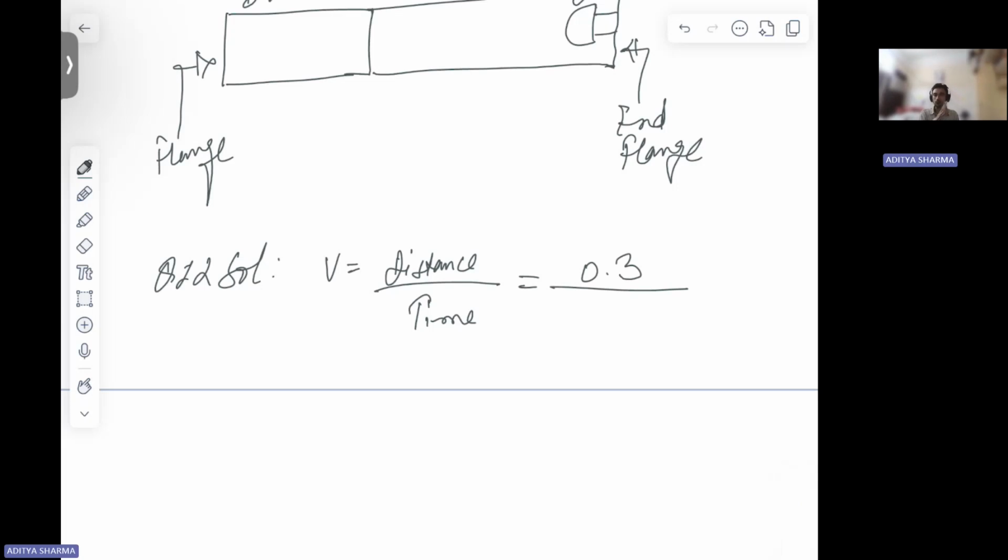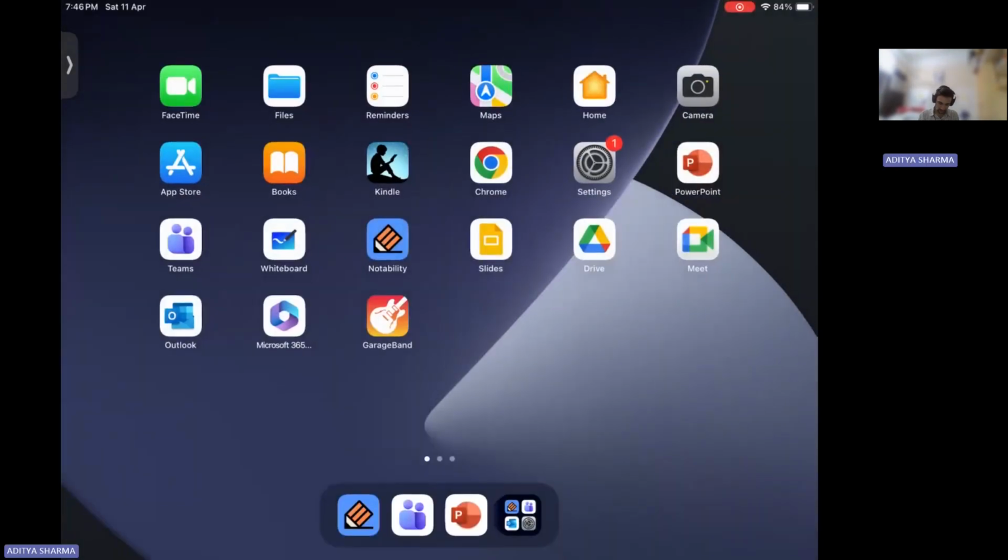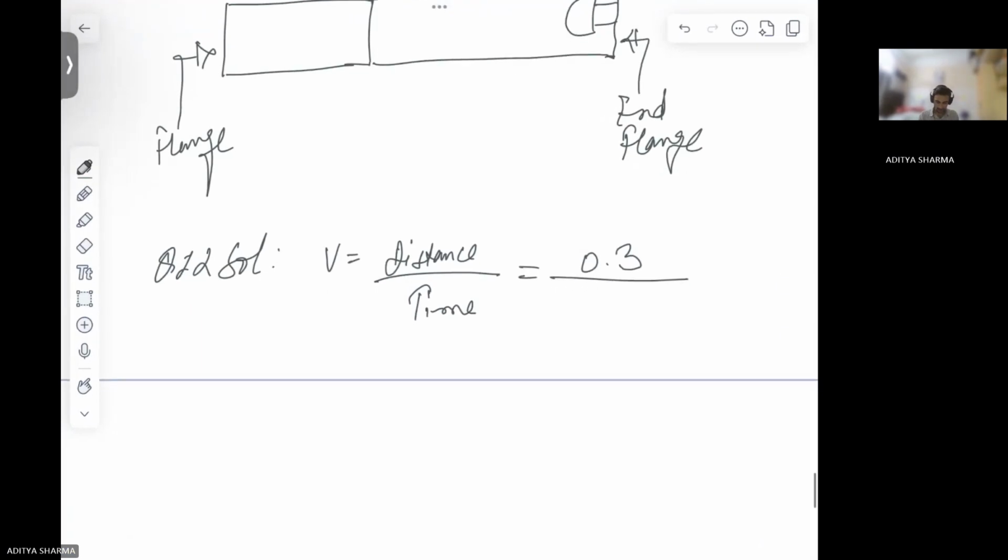And the time taken for the shock to move from pressure sensor one to two is 0.513 millisecond, 0.513 into 10 raised to power minus 3. So this becomes 584.79 meter per second, right?